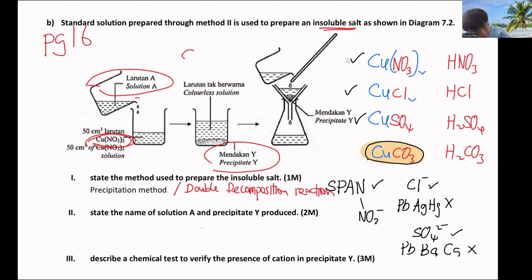Okay. Then here they'll ask you one question. How do you prepare this copper 2 carbonate? Okay, so now I write out the equation. As I told you just now, for insoluble salt, sulfate is soluble, you see. Except barium, lead and calcium, where CaSO4 is insoluble, means CuSO4 is soluble.